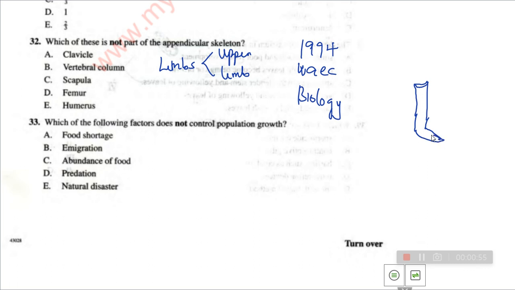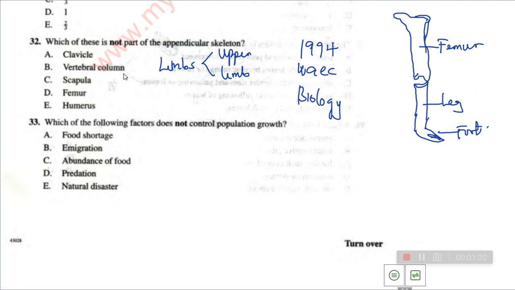I don't know how to draw the skeleton very well, but it looks like this. This is your femur. This is your leg. And this is your foot. So this is the lower limb. So this is an appendicular skeleton.